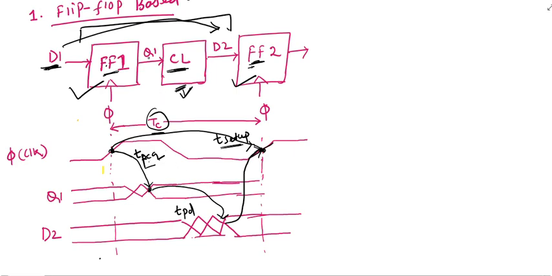Now Q1 is ready, and it is given as input to the combinational logic. The combinational logic has some delay, known as propagation delay. After the propagation delay, the output D2 is stable. Now, with respect to flip-flop 2, which will be active at this rising edge, some time before this edge the data given as input to flip-flop 2 must be constant.